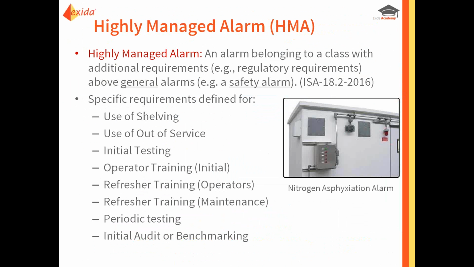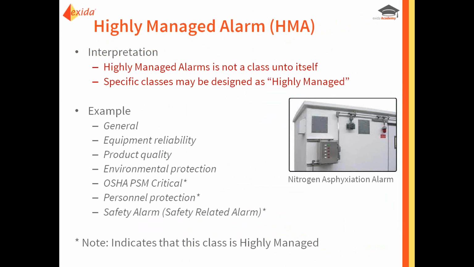And as part of this definition, there's also an example offered of a safety alarm. So that's another example of a potential classification. Now, in the ISA standard, there are a number of specific requirements that alarms which are classified as highly managed need to follow in areas like shelving, out of service, testing, training, etc. And we'll take a look at that a little bit more in a second.